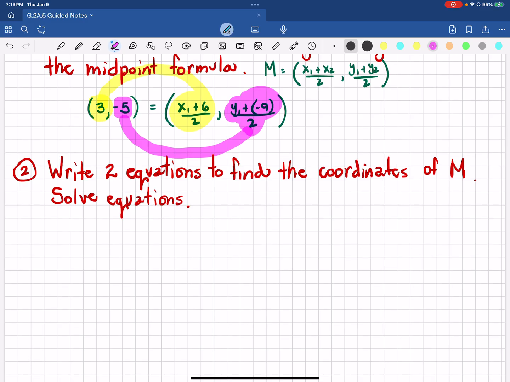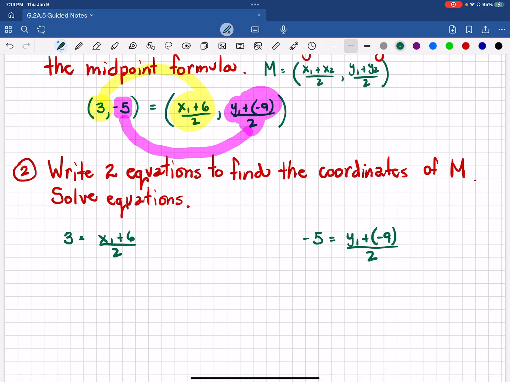The x goes with the x and the y goes with the y. So my 3 is going to be equal to x1 plus 6 all over 2, and my y will be -5 equals y1 plus a -9 all over 2.